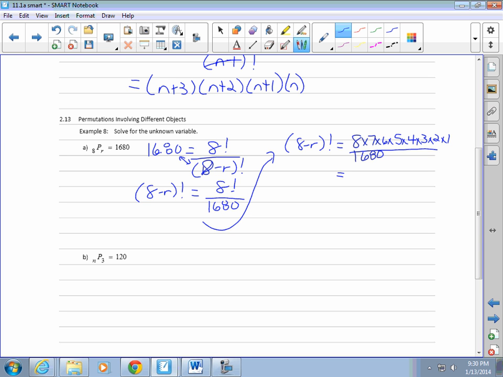If I multiply on the top, 8 times 7 equals, times 6 equals, times 5, I'd see that by the time I got to the 5, those numbers multiplied together would equal 1680. So my 8 times 7 times 6 times 5 would cancel with my 1680, which leaves me with 4 factorial on this side.